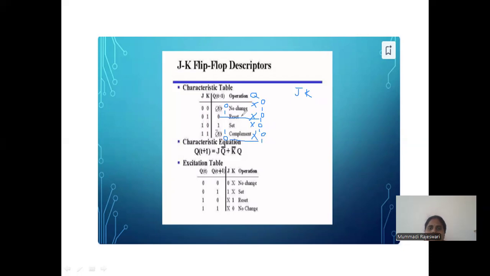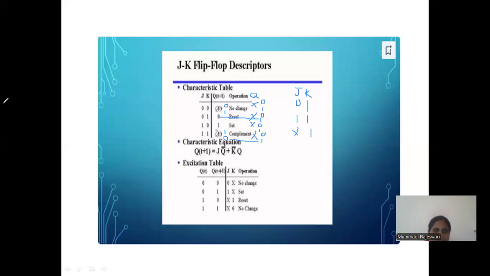We are getting two combinations of inputs, that is 0, 1 and 1, 1. So the mandatory inputs for this Qn and Qn+1 JK condition are J equal to X and K equal to 1. Okay. This is the third condition of your excitation table.